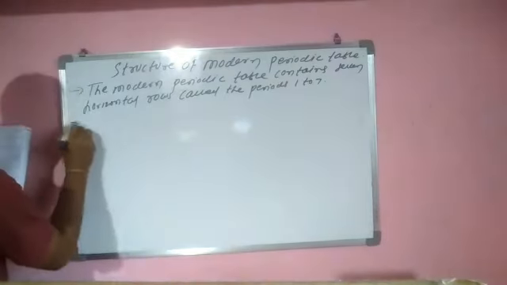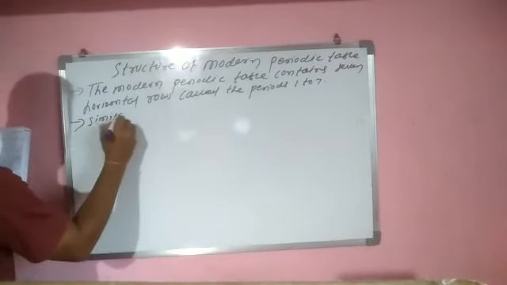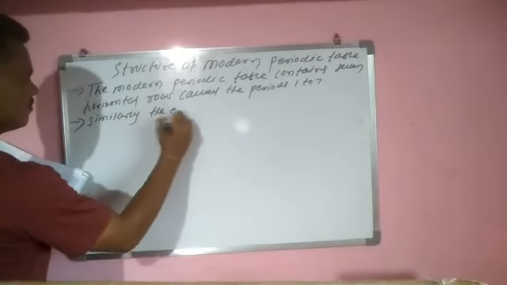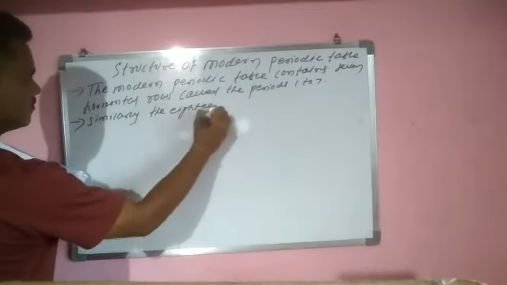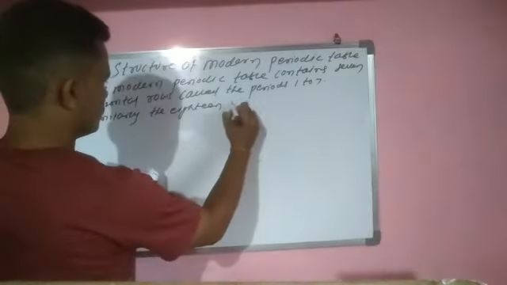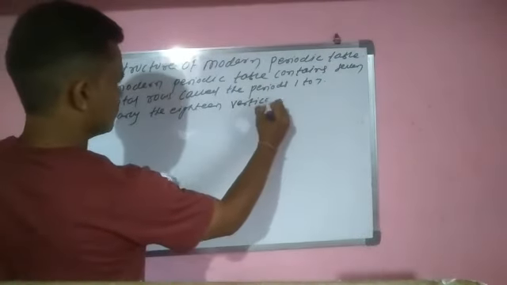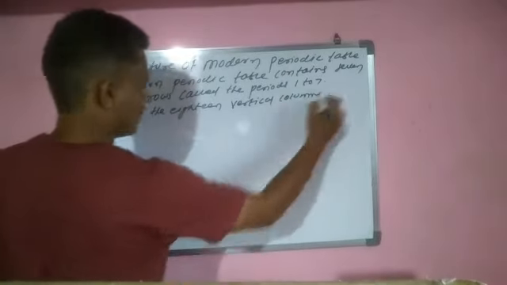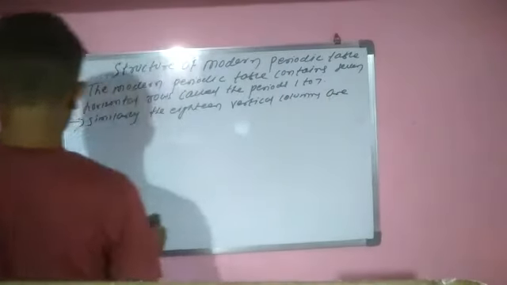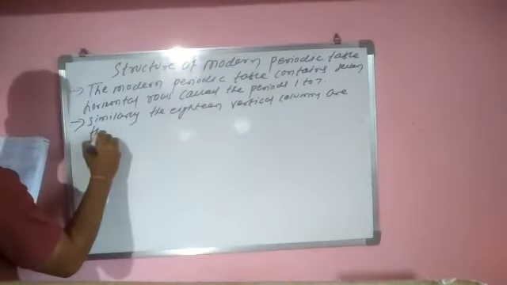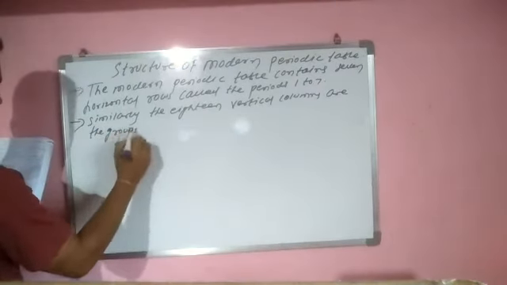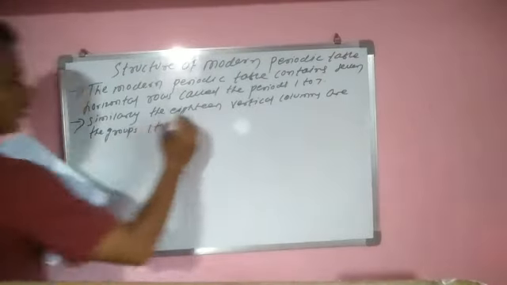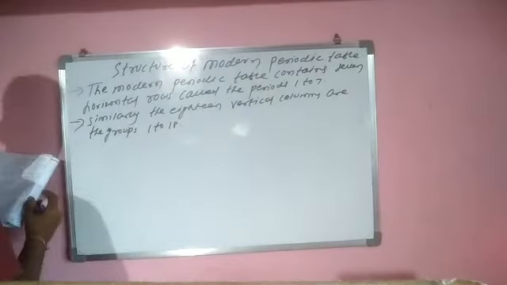Similarly, the 18 vertical columns are the groups. There are 18 vertical columns from 1 to 18.